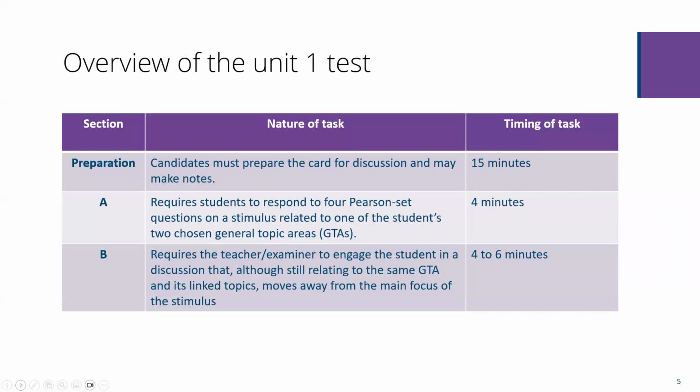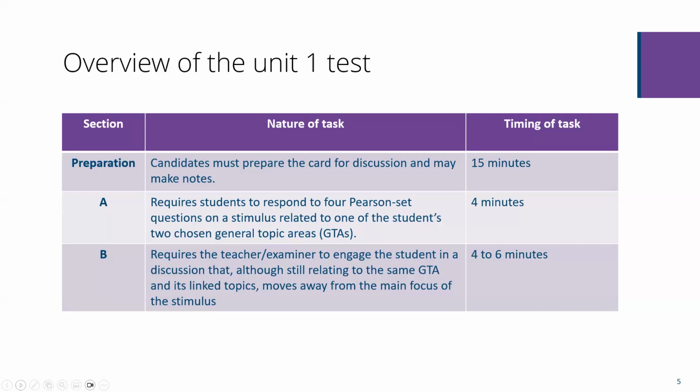Now, I'm going to talk to you a little bit about the different elements of each of the tests. So we're looking here at the overview of the Unit 1 test. Candidates have some preparation time, and candidates need to prepare the card for discussion, and they can make some notes.